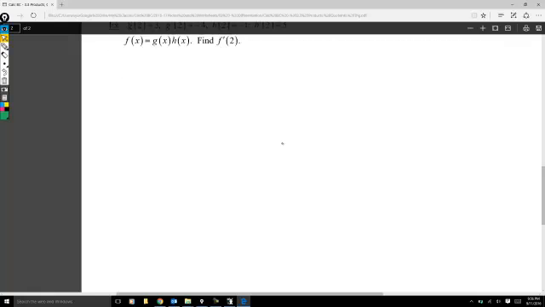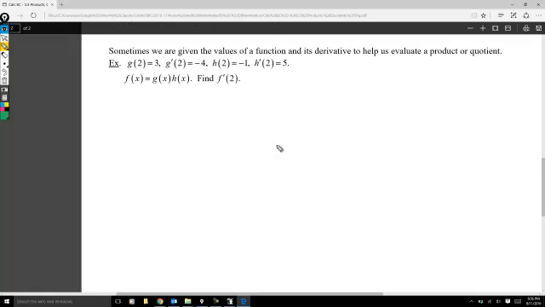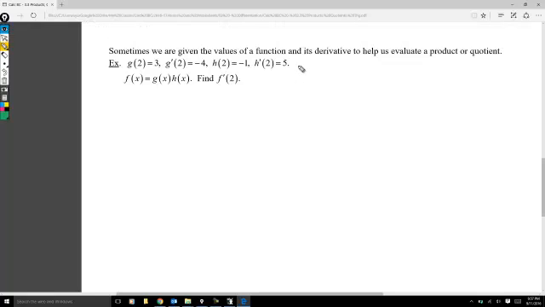Last example. Sometimes you don't have a function, but you're still given some function values, so it is still possible to find some derivatives. Here I'm defining f of x to be g of x times h of x, and I want to find f prime of 2. I don't know what f or g or h are, but I have these values here.